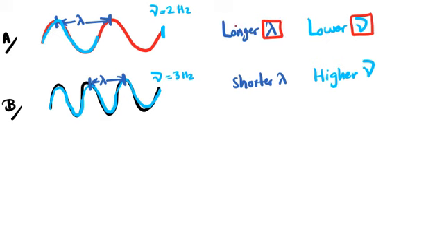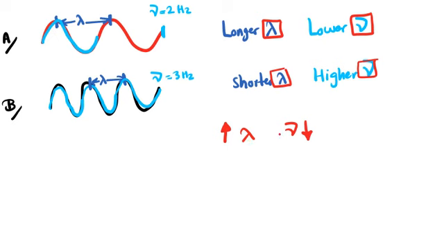As you see here, you may find the relationship between lambda and frequency. Longer wavelengths make lower frequency, and shorter wavelengths make higher frequency. It looks like wavelength and frequency are behaving opposite of each other, and we say wavelength is inversely proportional to frequency.